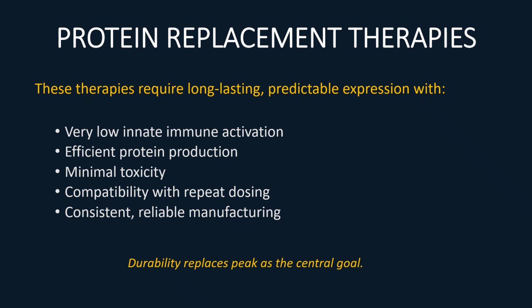So the design objective shifts a bit. Vaccines optimize for peak output, whereas protein replacement optimizes for durability.